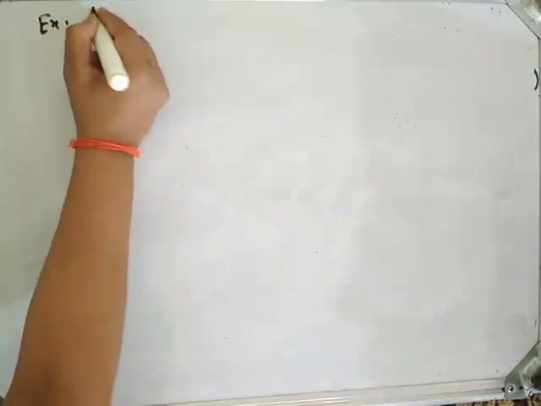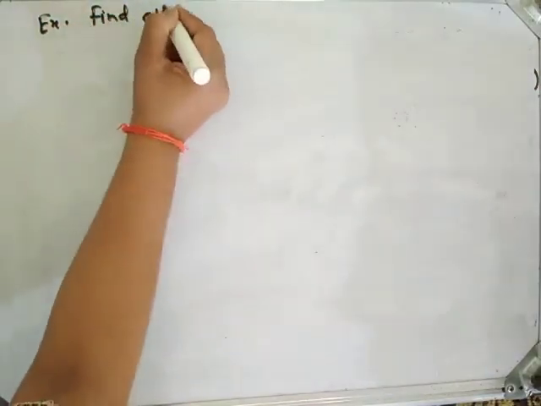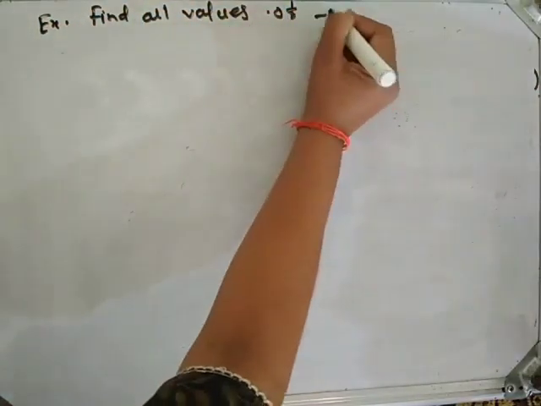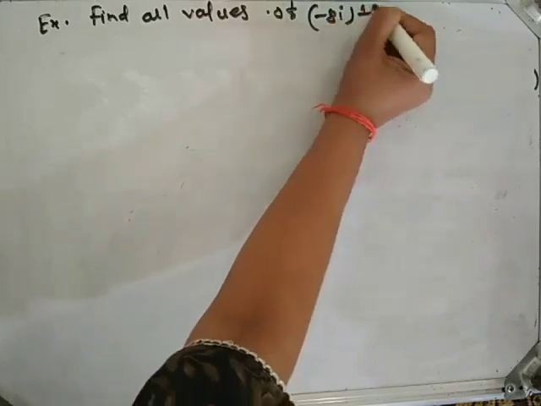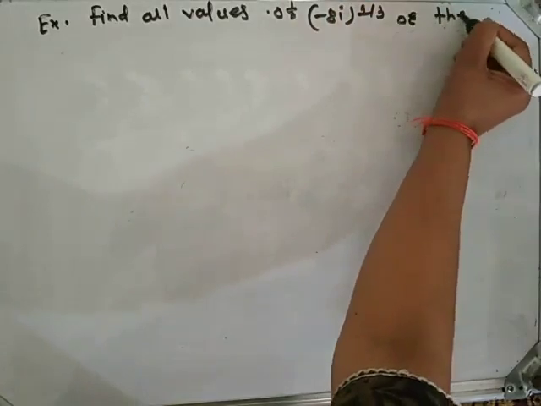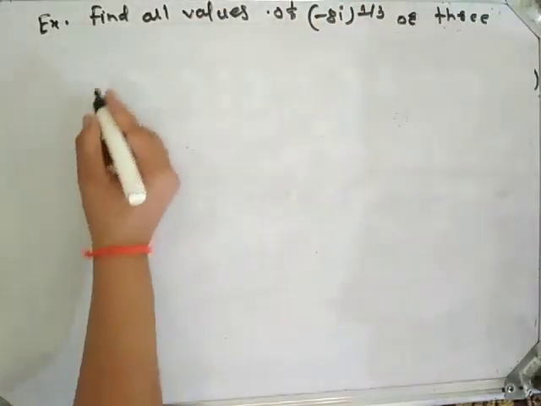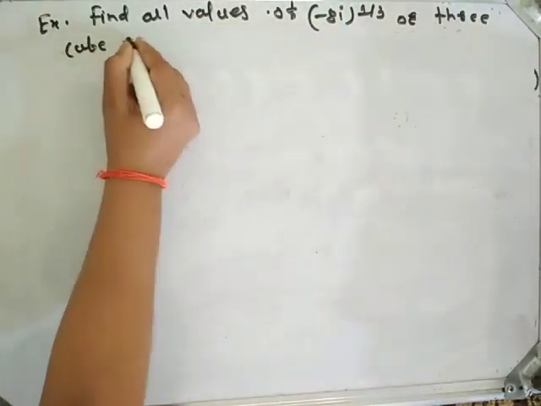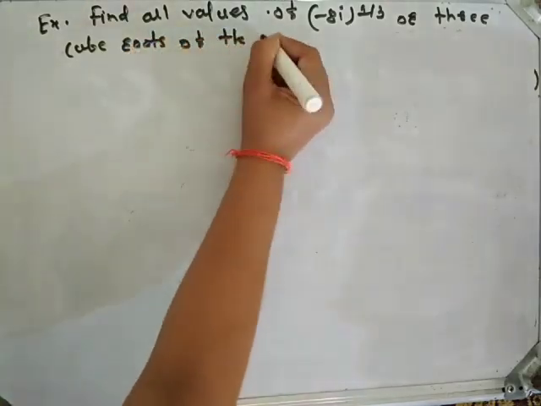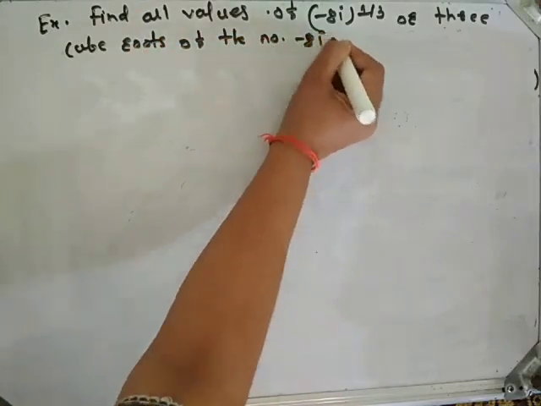Example: find all values of (minus 8i) raised to 1 by 3, or the 3 cube roots of the number minus 8i.